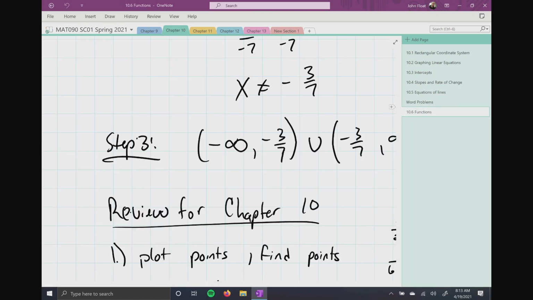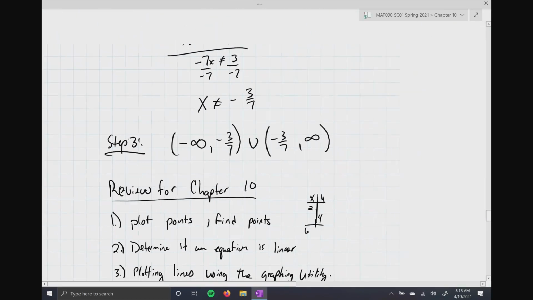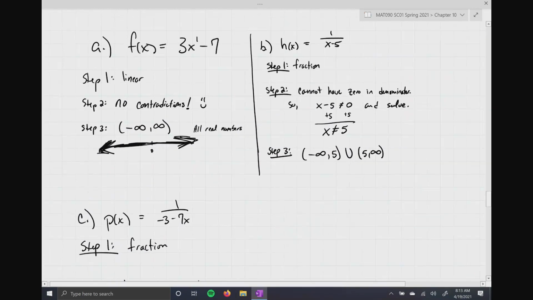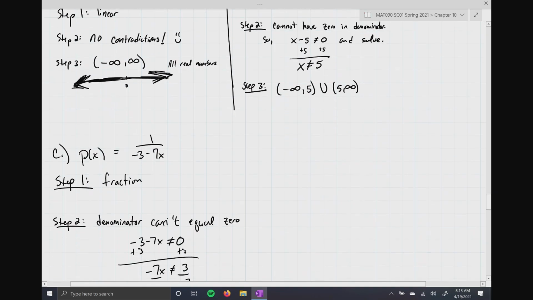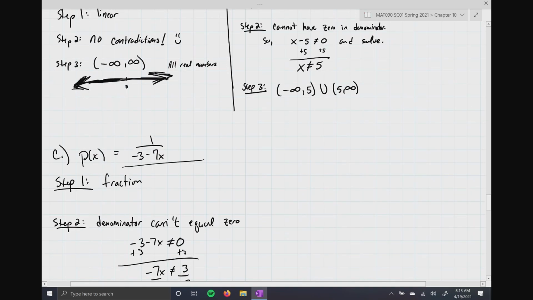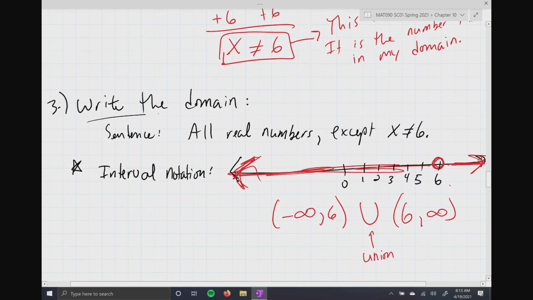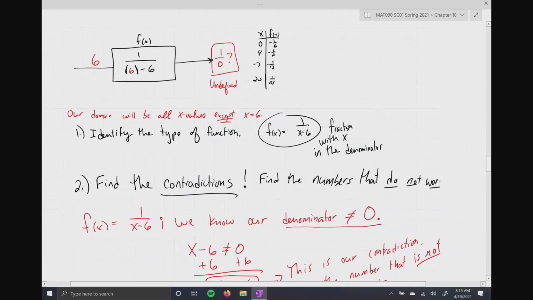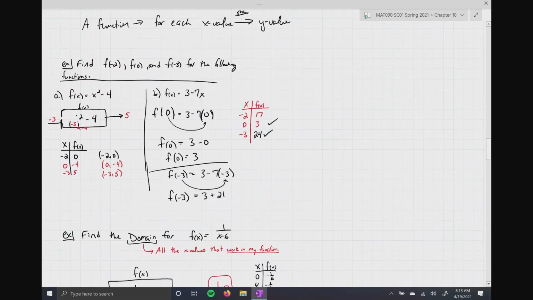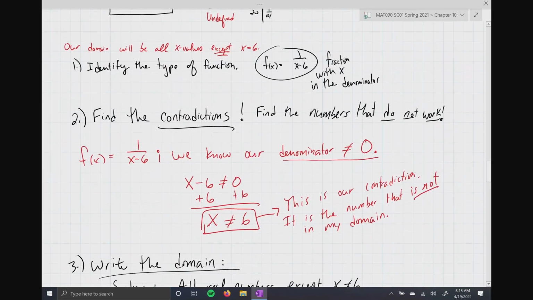Functions. Wow, look at this. Find the domain. We did one example there. Look at this. We found another domain. Let me scroll up a little bit. Write the domain. Okay. Where were the steps for this? I think they're right here.